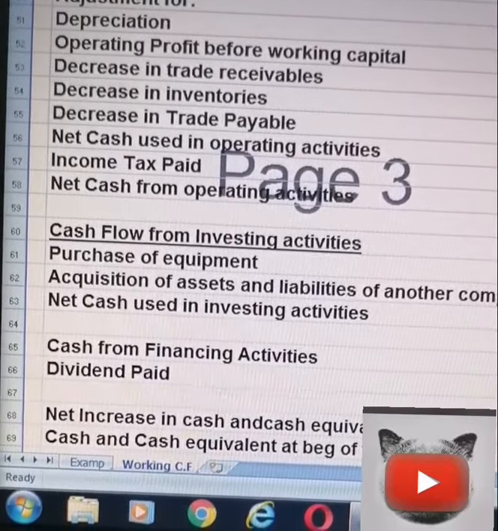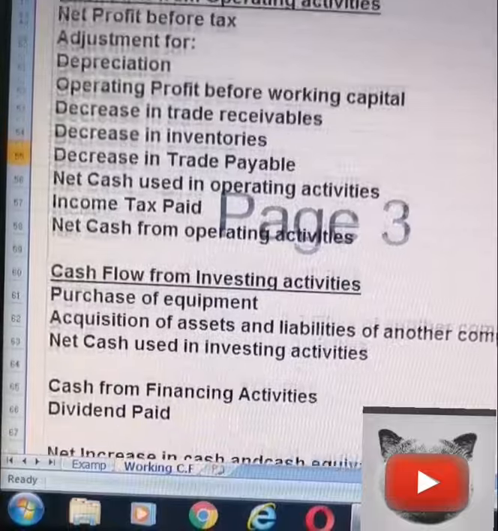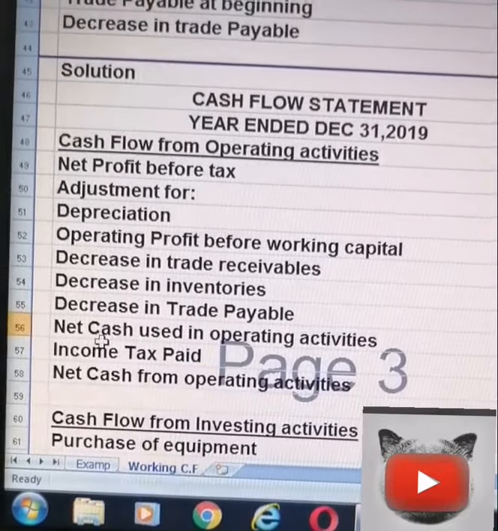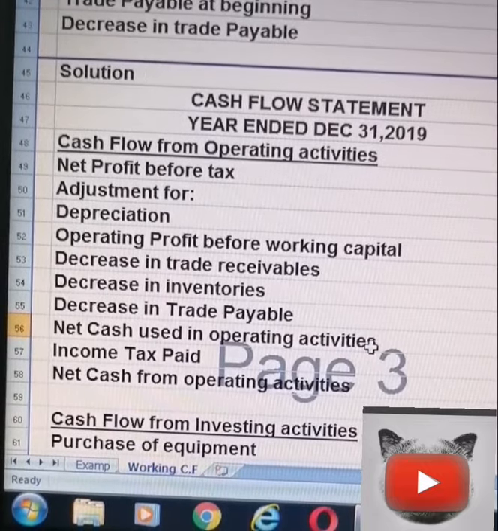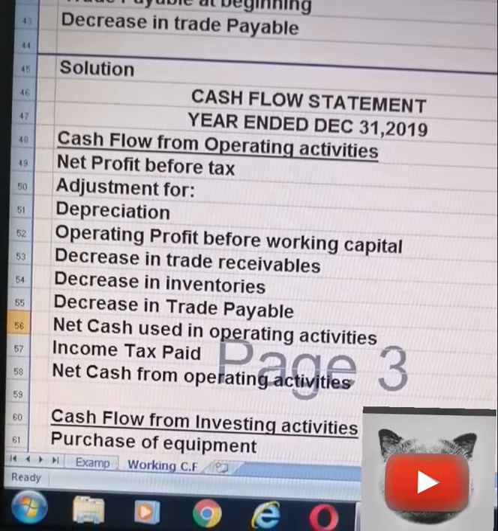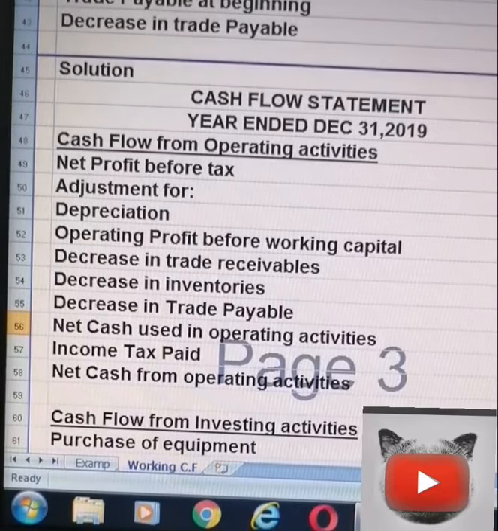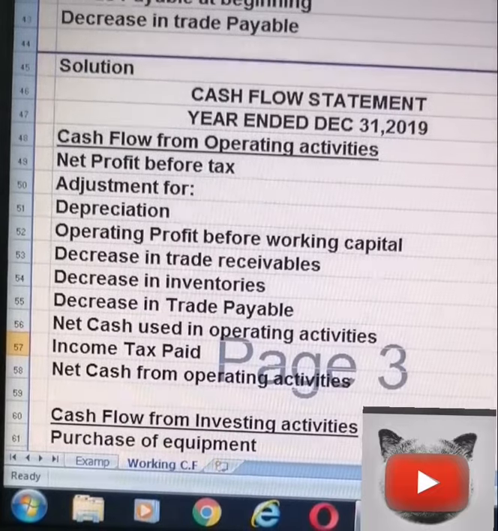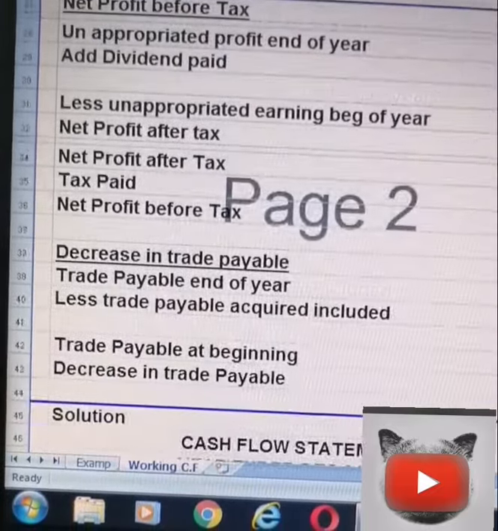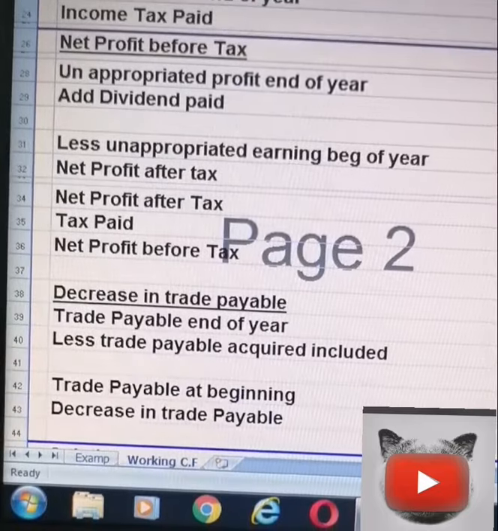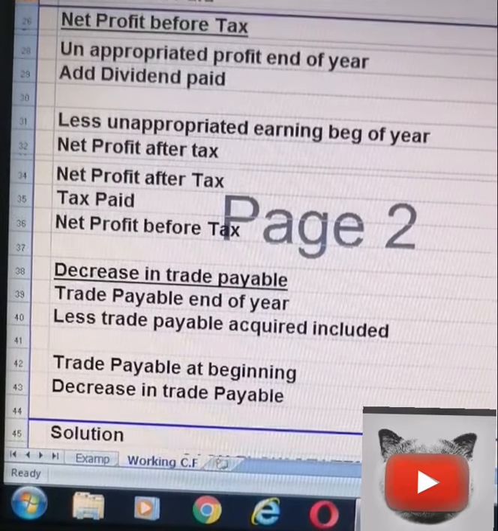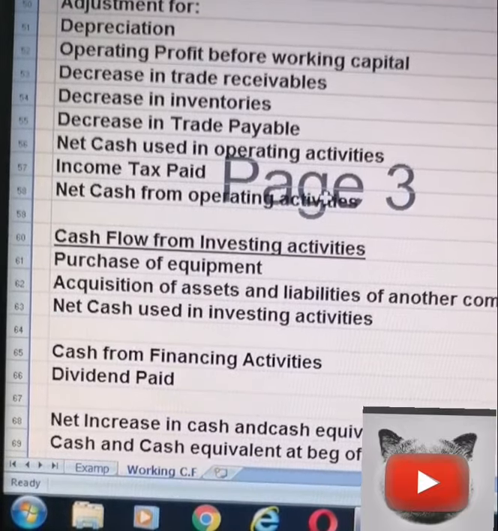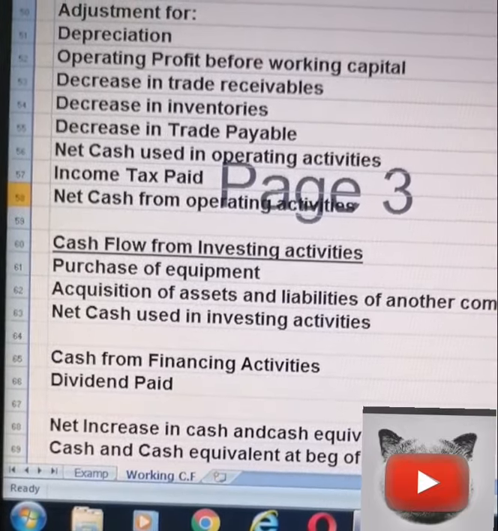And decrease in trade payable is 98 million, which is calculated above here. So net cash used in operating activities comes to 59 million. This is the sum total of all these. Income tax paid was 7 million as calculated above. Net cash from operating activities comes to 52 million.